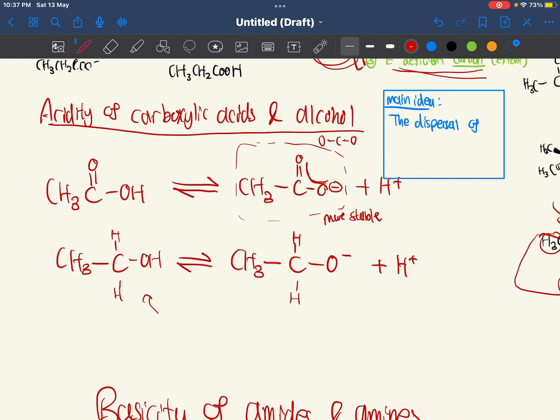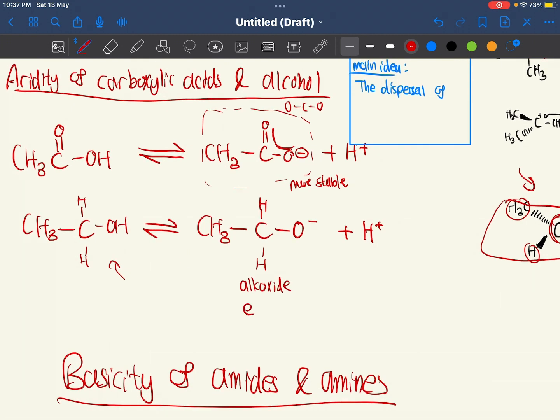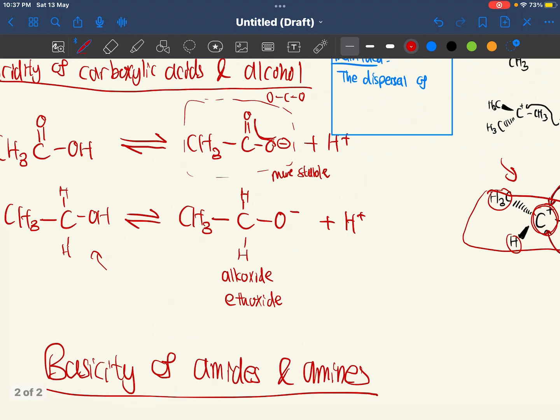But if you look over here, it's ethanol. When it dissociates in water, it forms the alkoxide anion. Here, if we contextualize it, it will be the ethoxide anion. You see here that of course there's a negative charge, but if you look at the group that's bound to it, it's an alkyl group. This is an electron donating alkyl group.